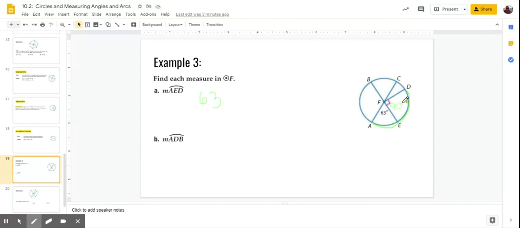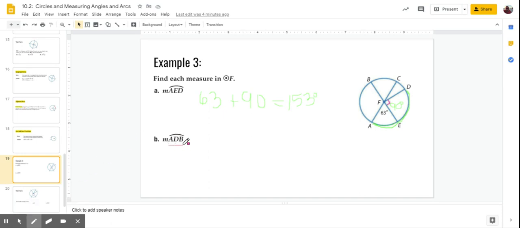I know that means 90 degrees. So I'm going to do 63 plus 90. 63 plus 90 gives me 153 degrees. So I know that AED is 153 degrees. I also know that's a minor arc.